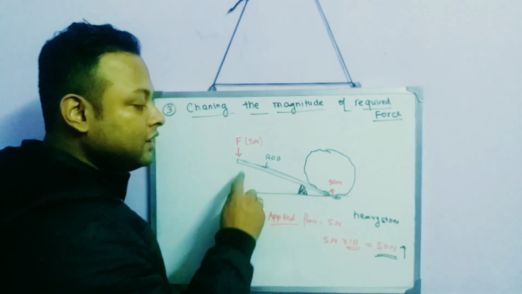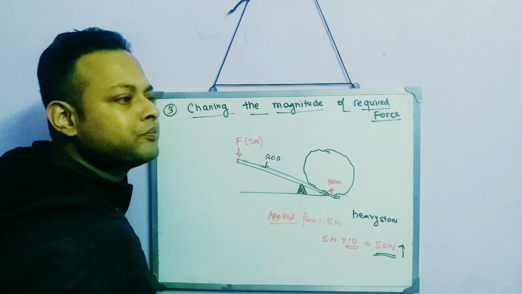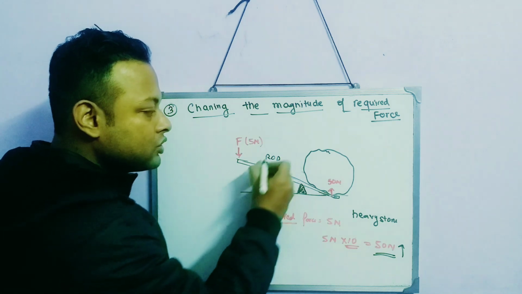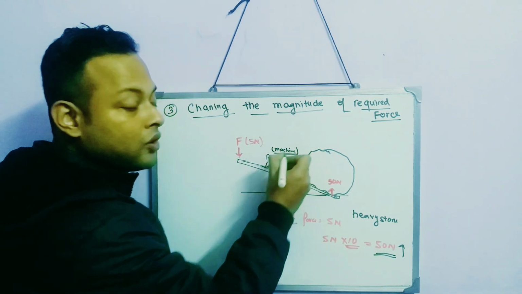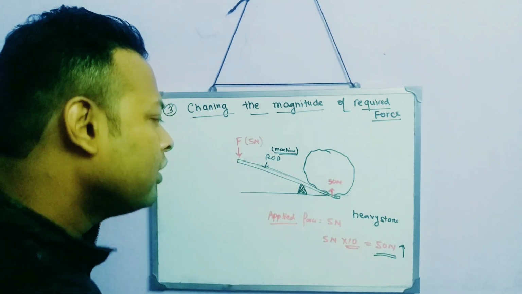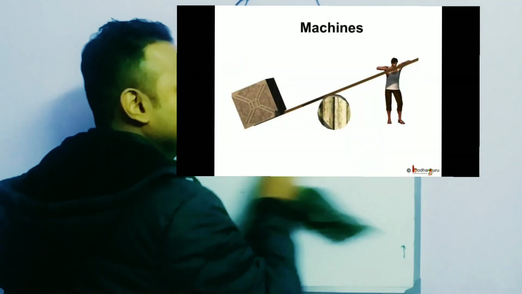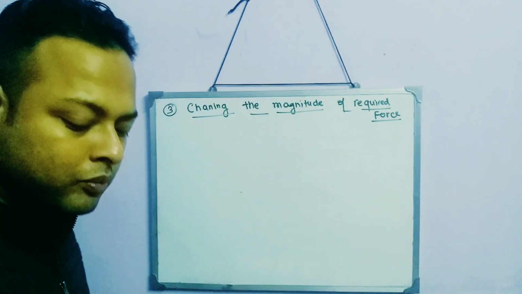I can say this rod is acting as a simple machine because it is increasing the force. If you still haven't understood what I tried to say, now I'll give you one more example to make you understand.